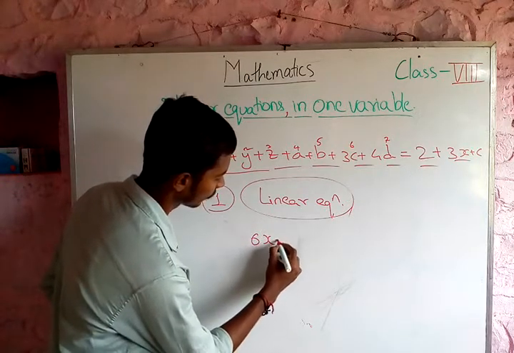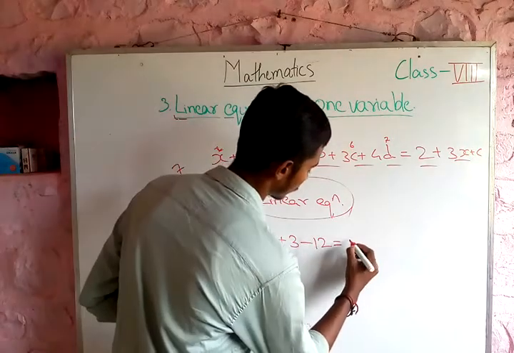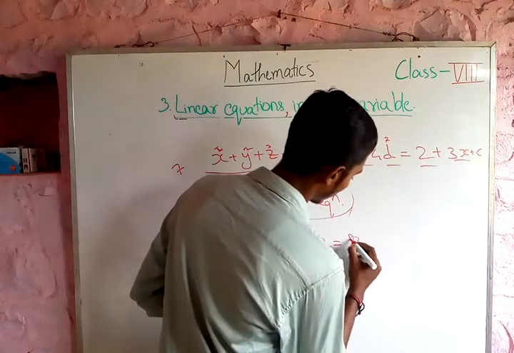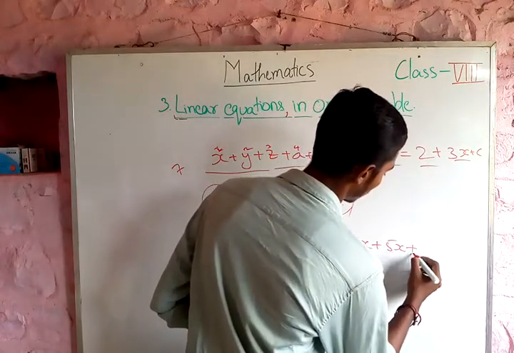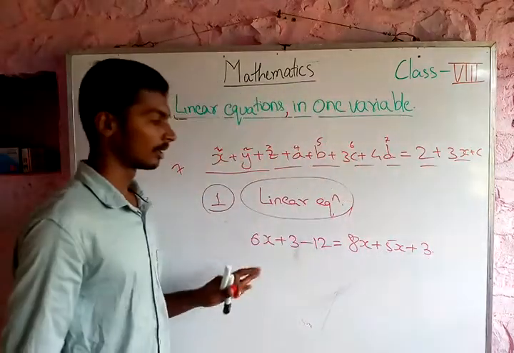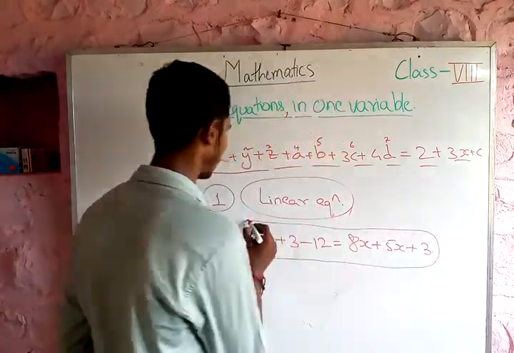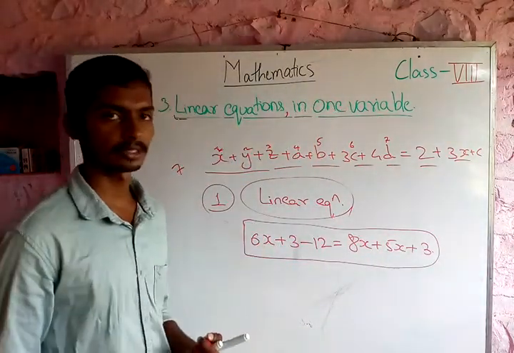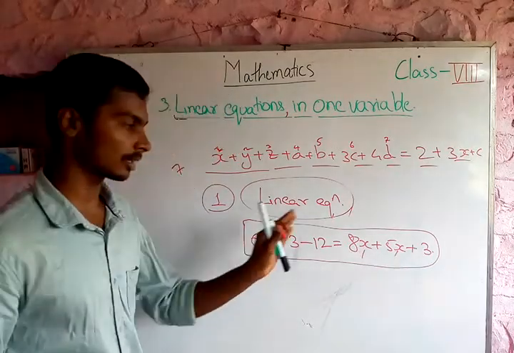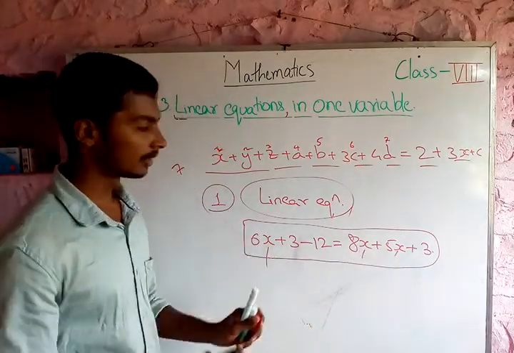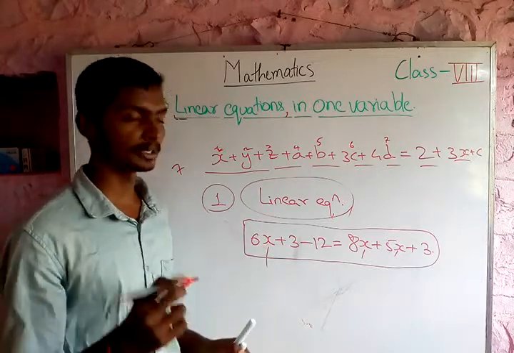6x plus 3 minus 12 is equal to 8x plus 5x plus 3. Okay, now see here, in this equation how many variables are there? Only one, that is x. That is repeated anyhow, but there is only one variable and the maximum power of this variable is 1.